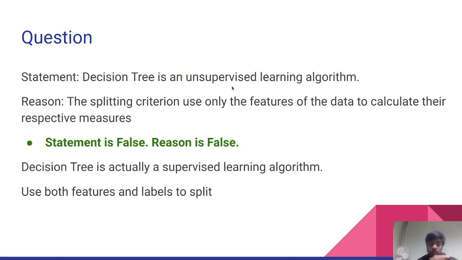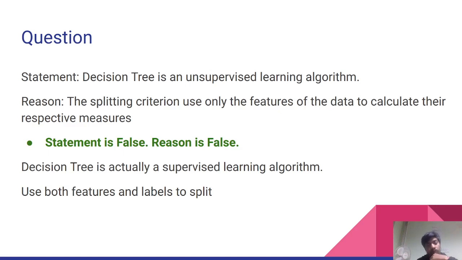Yes, so that kind of thing can happen, right? You cannot write that reason, the splitting criteria use both labels and features, for the unsupervised learning. So you cannot write this reason for that. If the statement is that decision trees are unsupervised learning, the reason is the validation for the unsupervised learning.